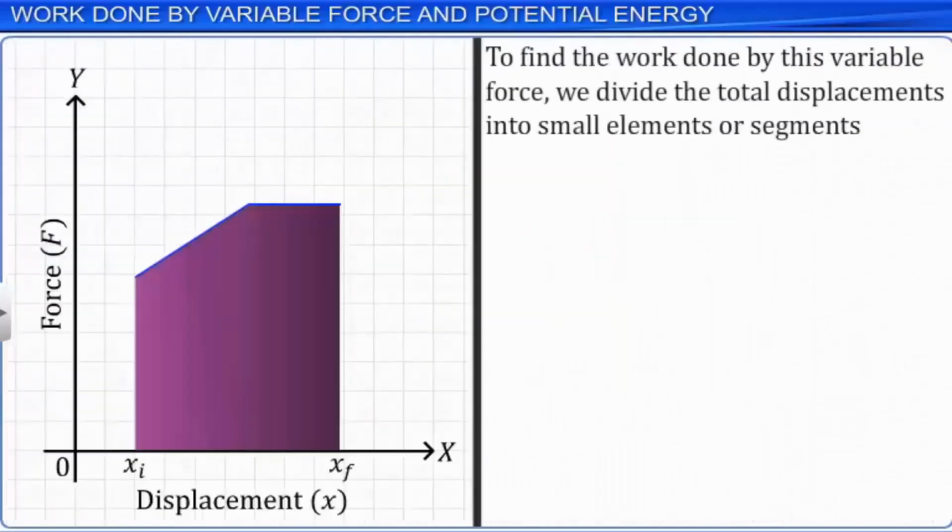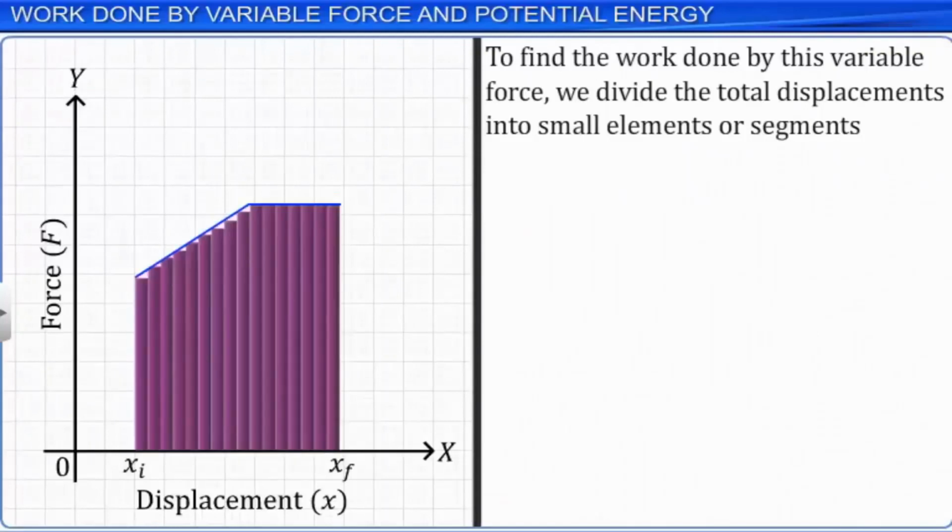To find the work done by this variable force, we divide the total displacement into n number of small elements or segments: delta x1, delta x2, delta x3, and so on till delta xn.